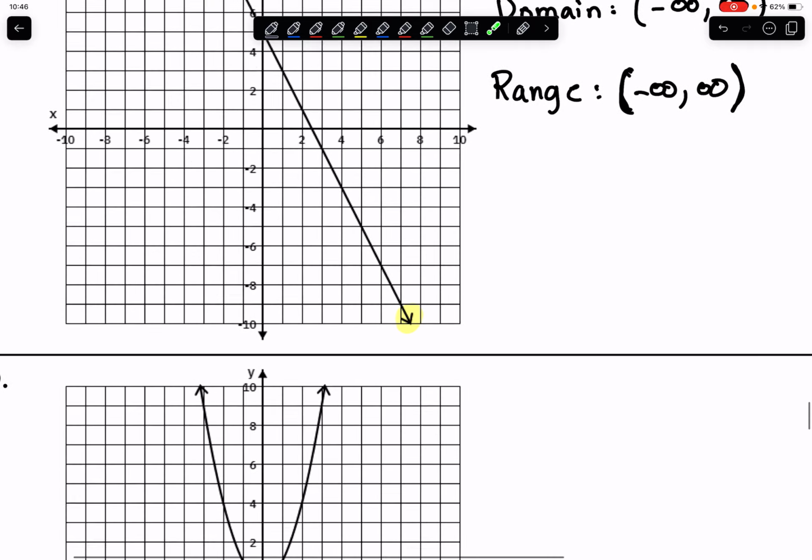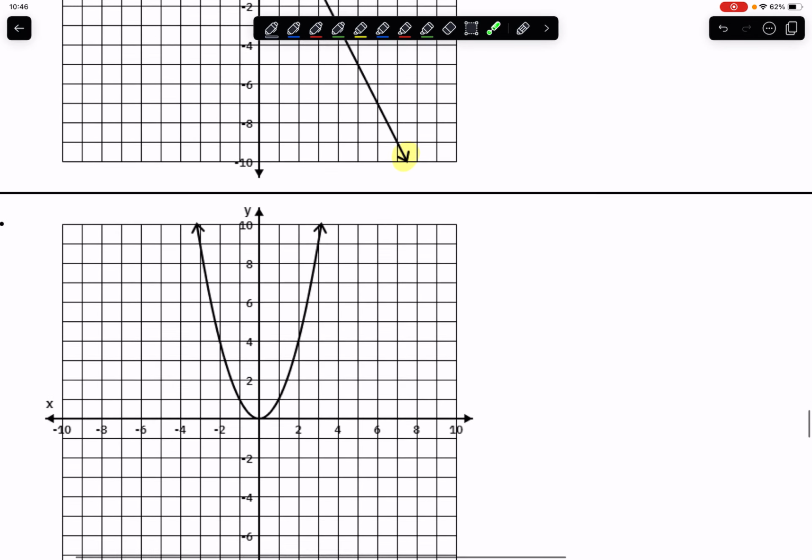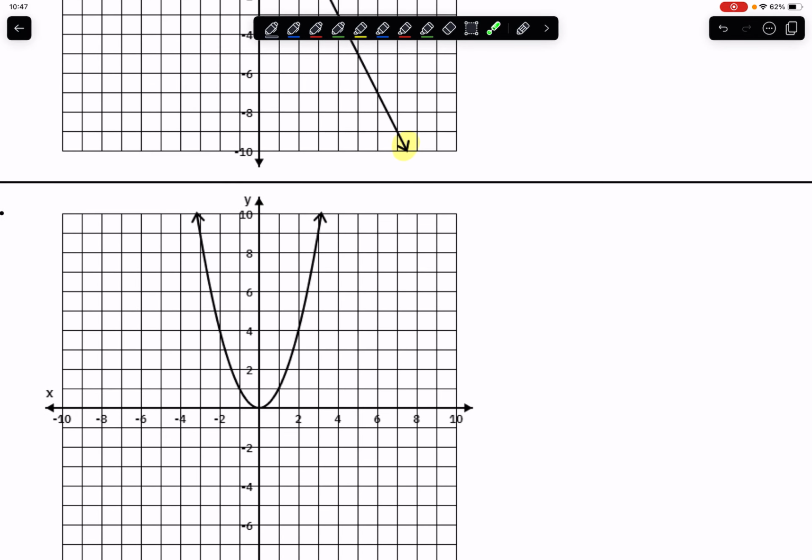Now let's say that we only have an arrow on one end. For the domain and the range, it's going to be different. For the domain of this graph, the graph is not going to stop at -4 or at -3. It goes beyond -3 to +3, and it doesn't stop at -4 to +4, and does not stop even there.